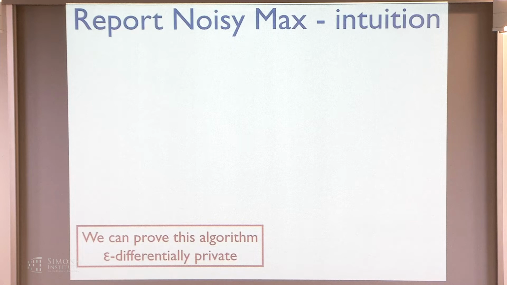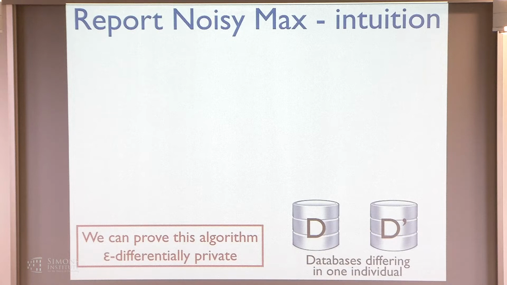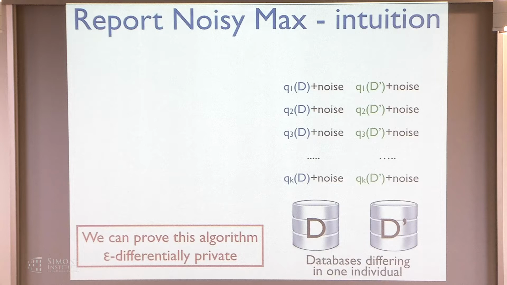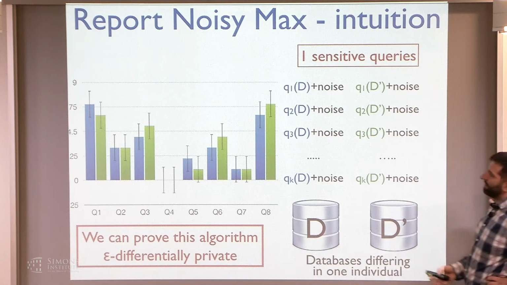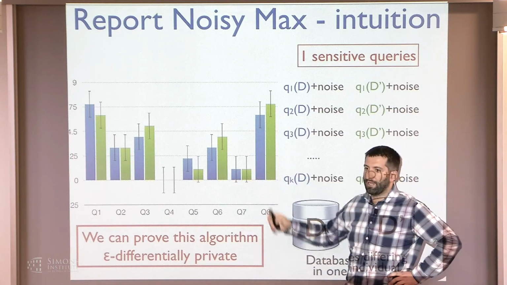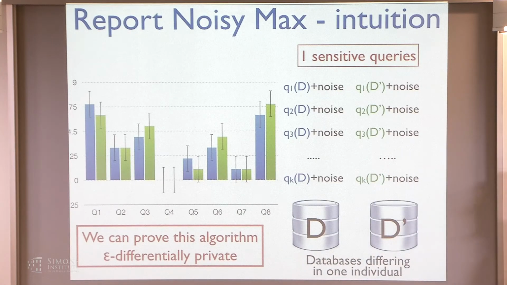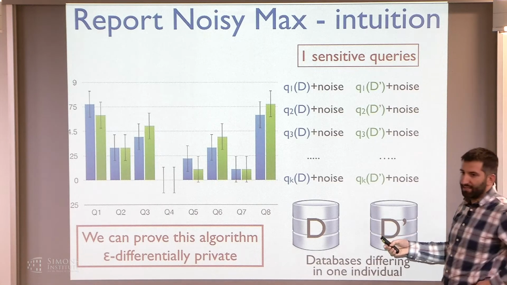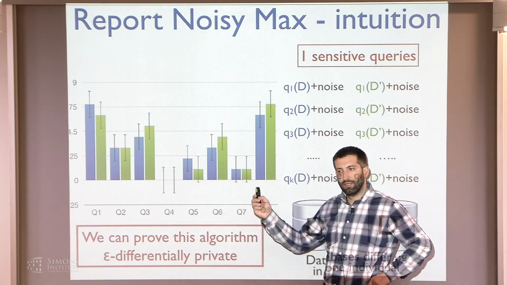And why is this epsilon differentially private? The idea is that mainly we look at two databases, we look at a bunch of queries, we add the noise to each one of them, and I assume that they are one sensitive, and then we are looking at something like this, where the green part comes from database D prime and the blue part from database D. And it is true that if we look at the realization, maybe the max in one will not happen in the other.